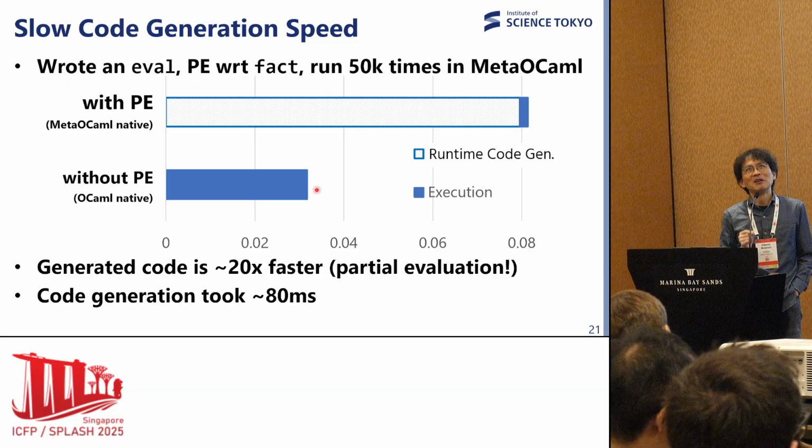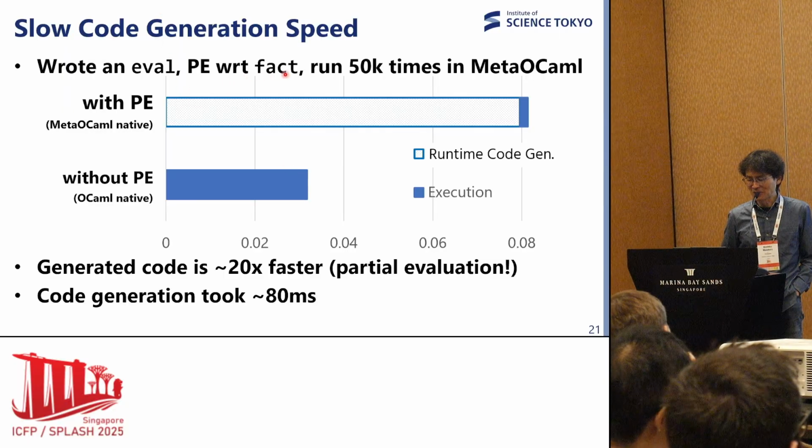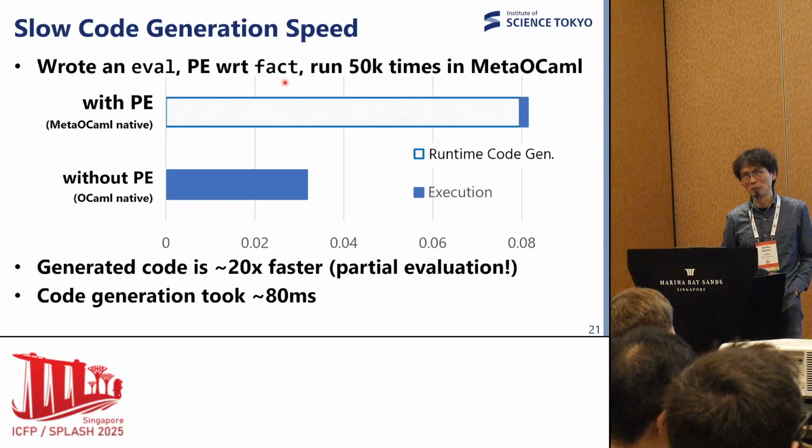But if we wrote an interpreter in MetaOCaml and generated compiled code for a factorial program of that simple interpreter, and executed the factorial function 50,000 times, then we found this performance.